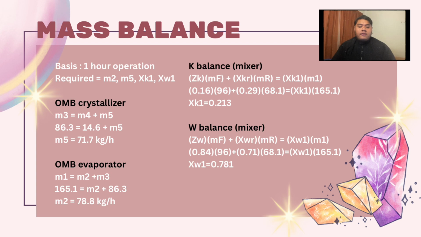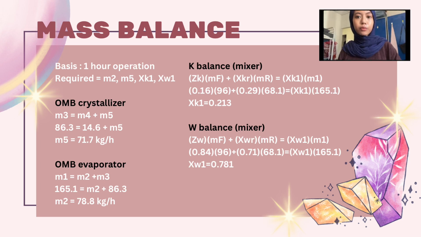So the calculation was followed by the formula of ZK times MF plus XKR times MR equal to XK1 times M1 to calculate the composition of XK1, which the value is 0.213, while the formula of ZW times MF plus ZWR times MR equal to XW1 times M1 to calculate the composition of XW1, which the value is 0.781.